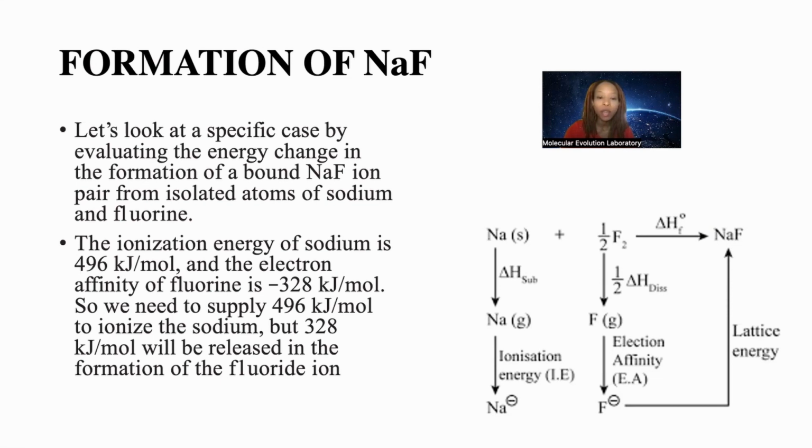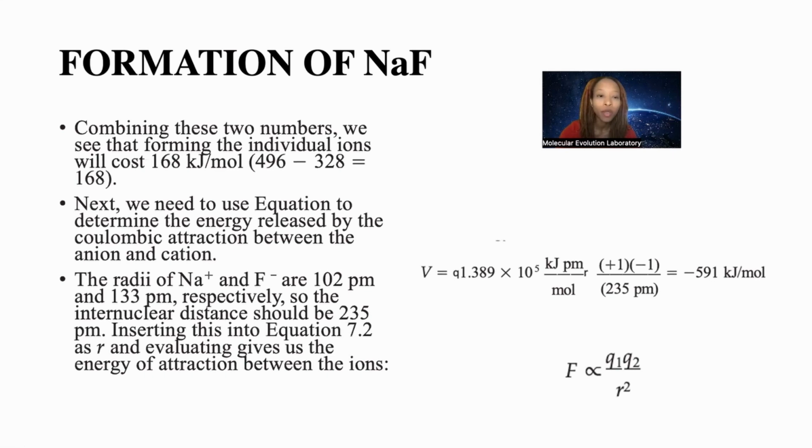So we need to supply 496 kilojoules per mole to ionize sodium, but 328 kilojoules per mole will be released in the formation of fluoride ion. Combining these two numbers, we see that forming the individual ions will cost 168 kilojoules. So you subtract 328 from 496, that would be 168 kilojoules per mole.